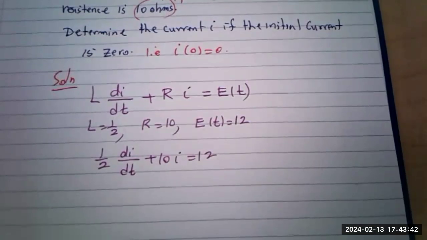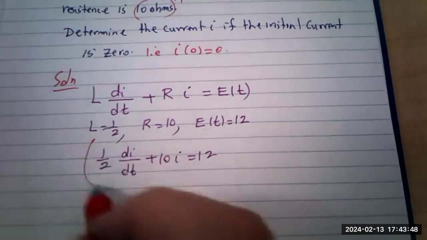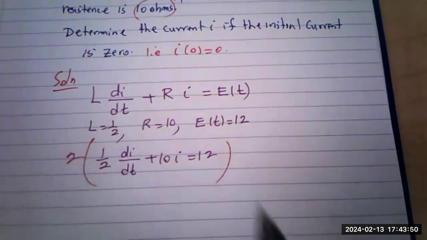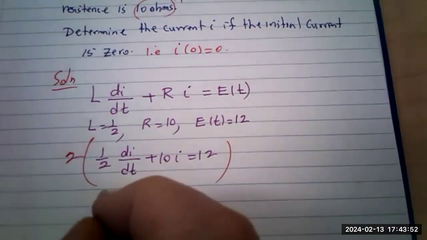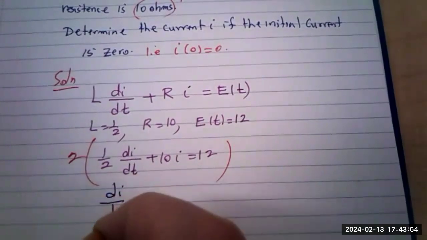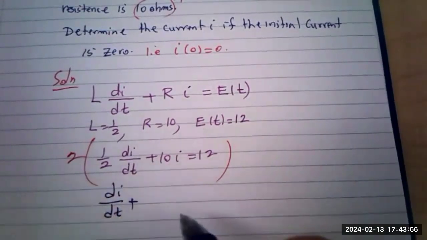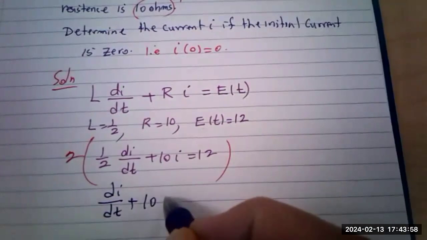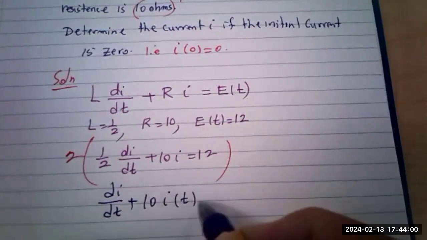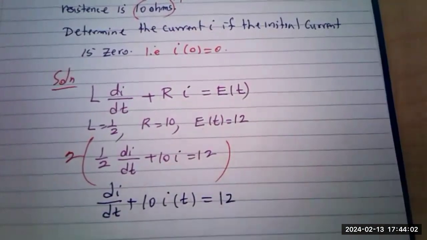With respect to I and t, this must be a linear equation. You have to take care of the 1/2 first. So multiply by 2, make it the standard equation. So that gives you di/dt plus 10I, if you like this is I of t, equal to 12.